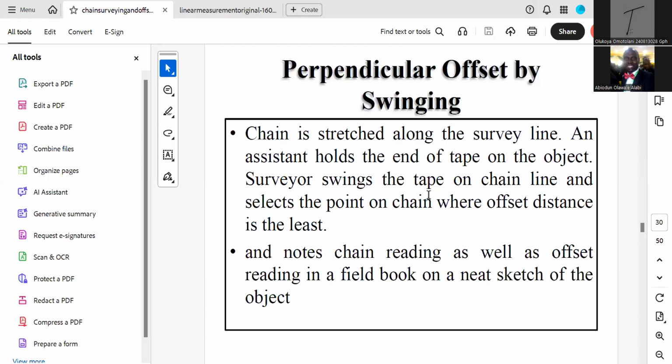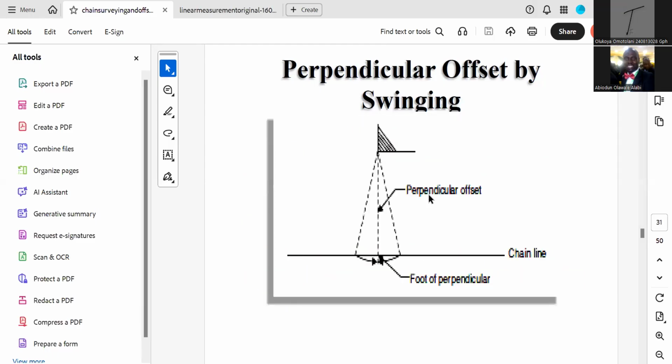So this is explaining the stringing method, the perpendicular offset by stringing. Can you see? This is the object that we want to locate, the interior location. We want to locate the interior feature here, inside this property. So these lines you are seeing now are tie lines.